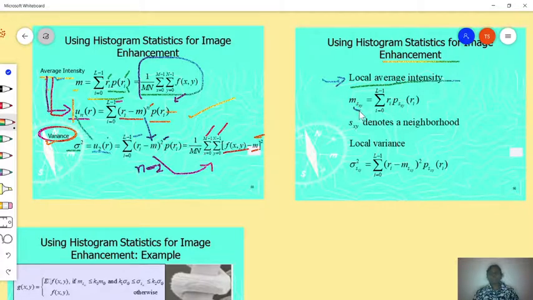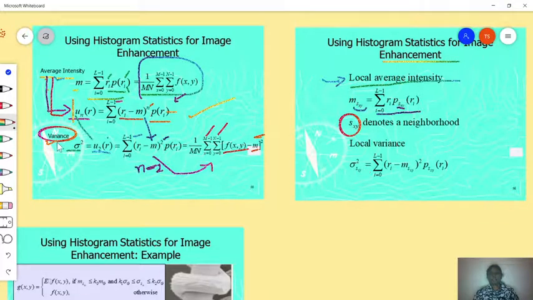We are representing the output with S of xy, the center. And obviously the function is the same r, but here it is S of xy. So S represents the neighborhood which we are selecting, that is nothing but the output.